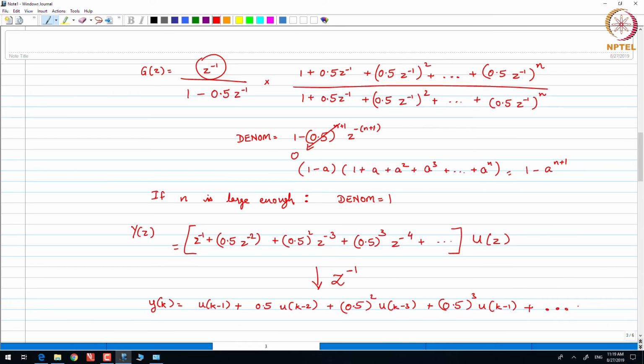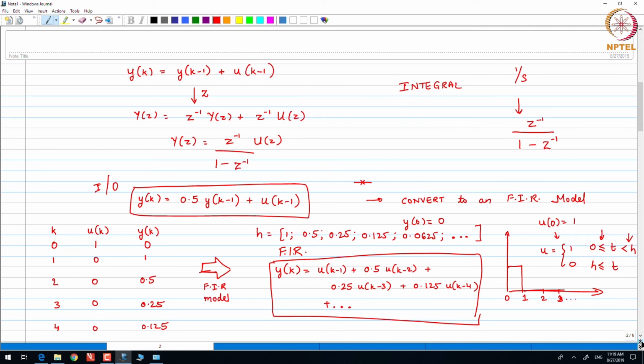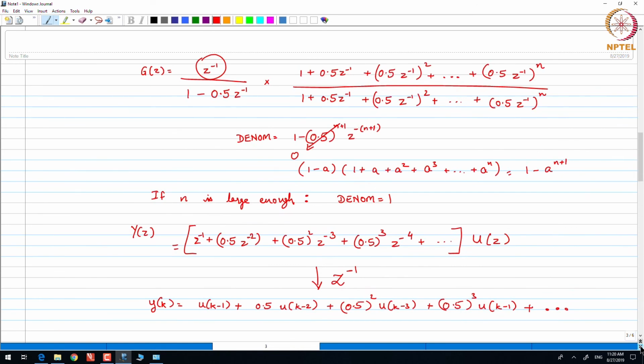Can you see where I am going? What did we do about 10 minutes back? This is exactly what we did 10 minutes back, right. y(k) is u(k minus 1) plus 0.5 u(k minus 2) plus 0.25 u(k minus 3) plus 0.125 u(k minus 4), which is exactly what we are getting over here.